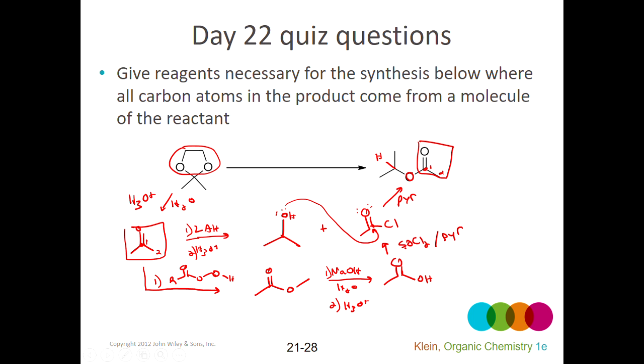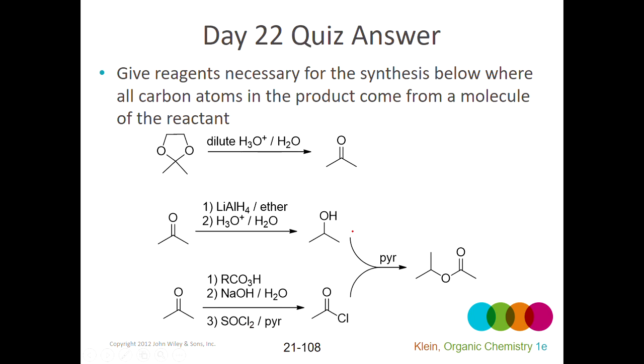There's probably other ways to do that, and if in your answer to the quiz question you use some other reagent that involved carbons that didn't specifically come from the original reactant, I won't take off for that. I would have commented on that if I had noticed that was an issue before. But this is technically probably the best solution given the way the question is worded, where it asks you to form the product only from carbons that start from this reaction and go through the acetone intermediate.